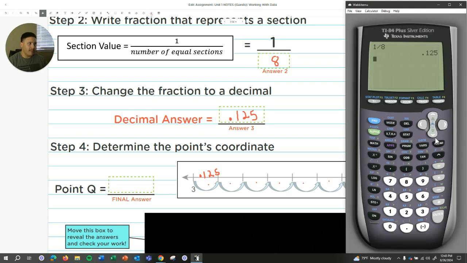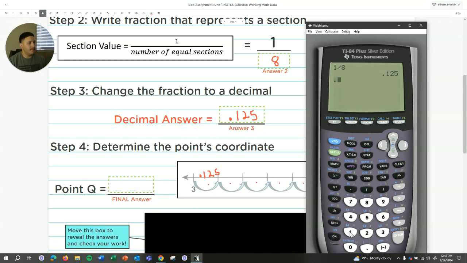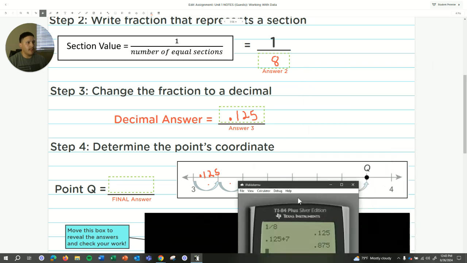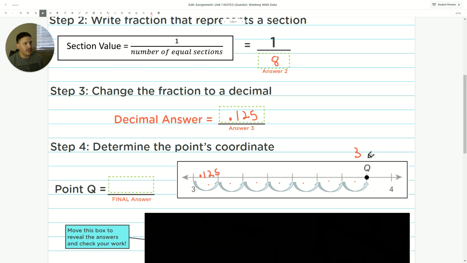So it doesn't matter how you do this. You can just add 0.125 seven times if you really wanted to. Or, if you know your math, I have to jump 7 times. So 0.125 times 7 is 0.875. We already started at 3, so my final answer should be 3.875.